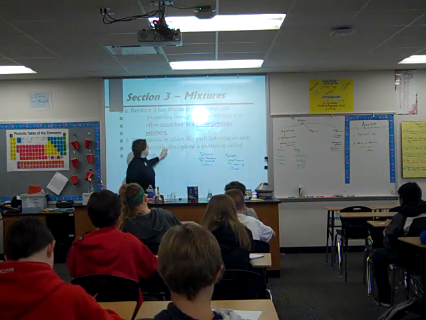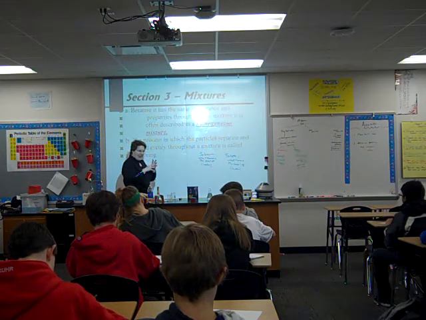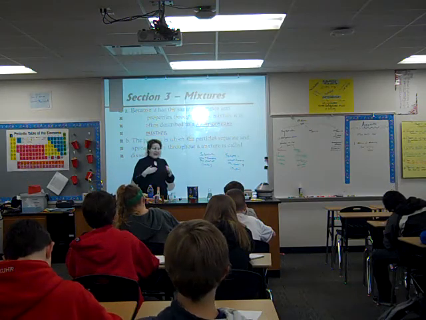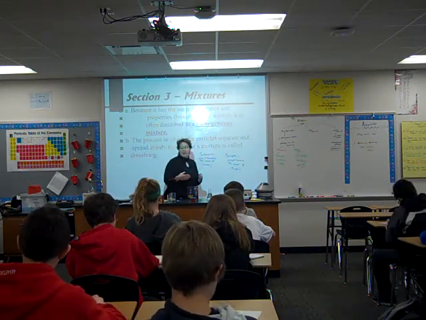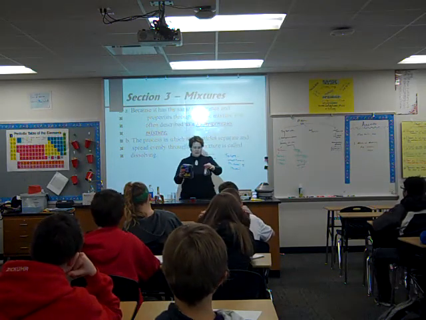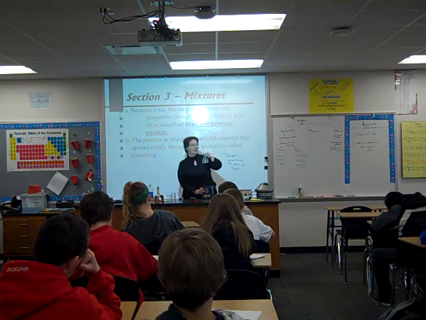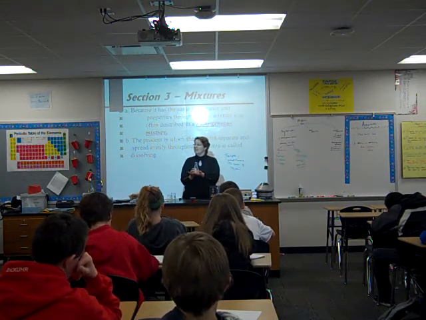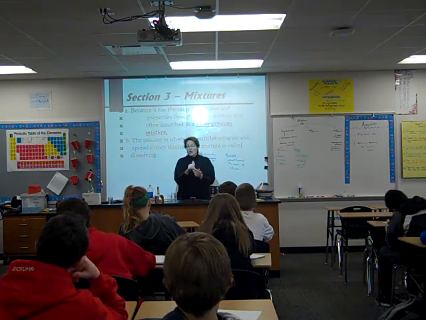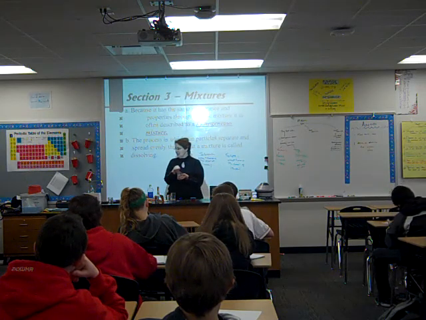The process of putting the solvent and the solute together and having them spread evenly into atom-sized particles, that is dissolving. Okay? So here's our dissolving. Dissolving happens faster when you mix it, heat it up, or crush the pieces and make the pieces really small.